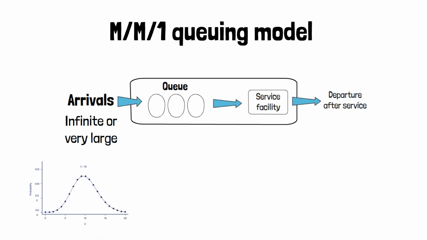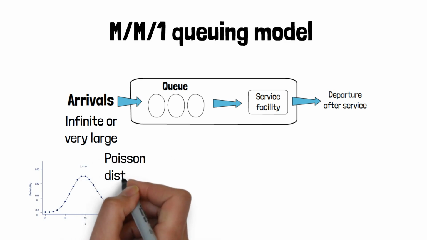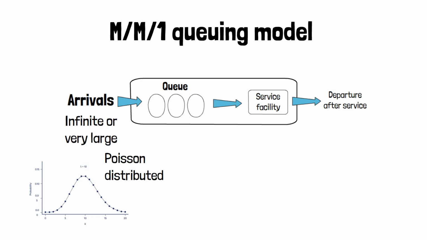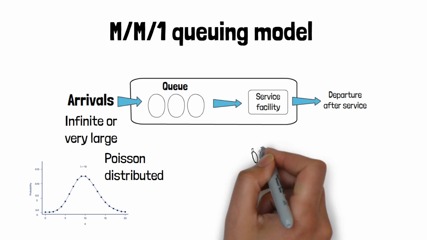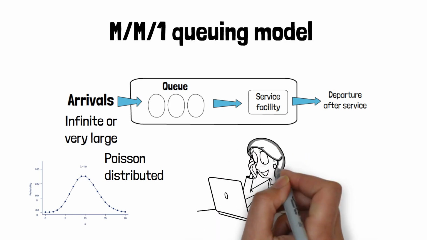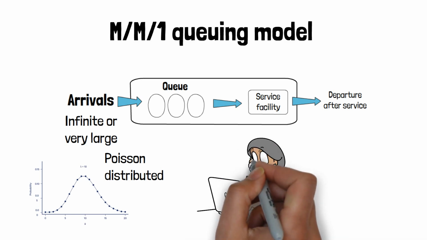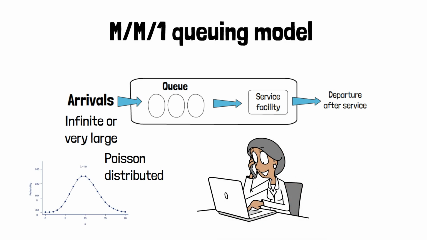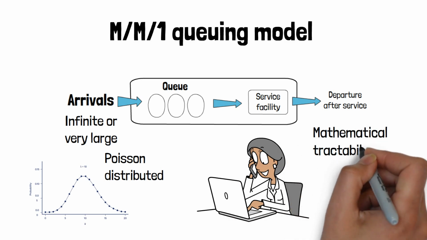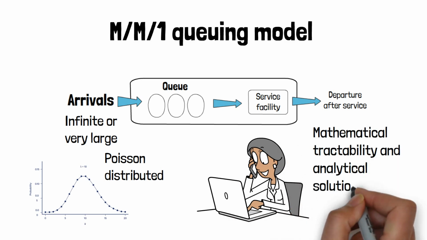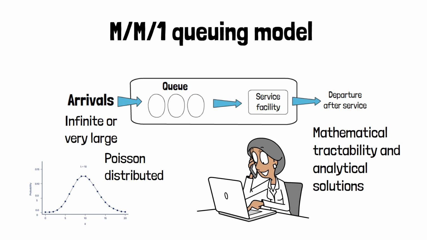Secondly, it assumes that arrivals are Poisson distributed, indicating that arrivals occur randomly and independently over time at a constant average rate, which is typical in many real-world situations. Lastly, the model assumes that service times follow the exponential distribution, implying that the time between services is memoryless and characterized by a constant average service rate. These assumptions collectively enable the mathematical tractability and analytical solutions of the MM1 model, making it a fundamental tool in queuing theory.